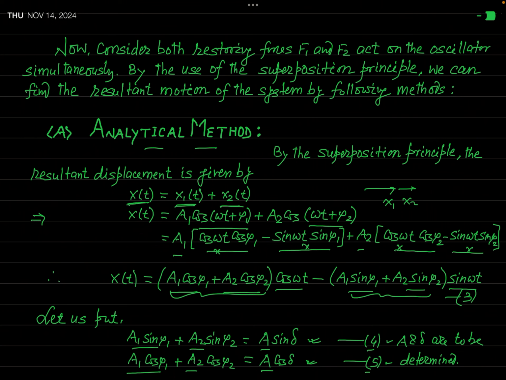Again you can take A2 square as a common factor, and after that there will be a term 2A1A2 sin phi 1 times sin phi 2 and 2A1A2 cos phi 1 times cos phi 2. So you can take 2A1A2 as a common factor.